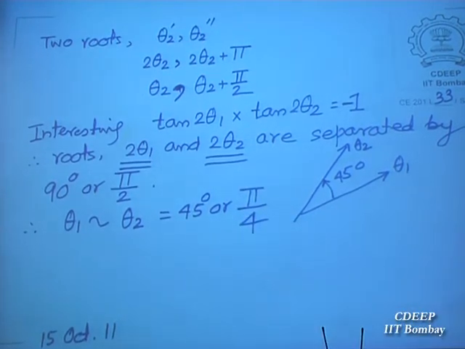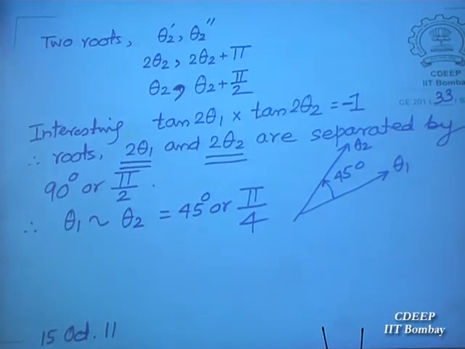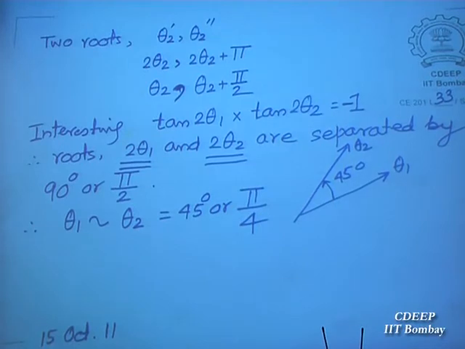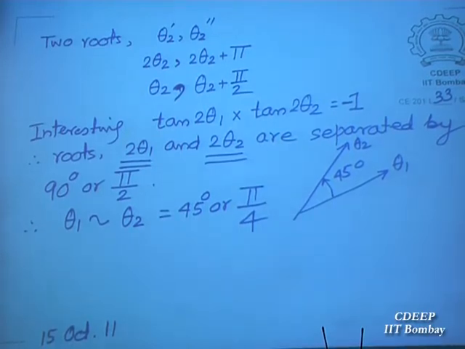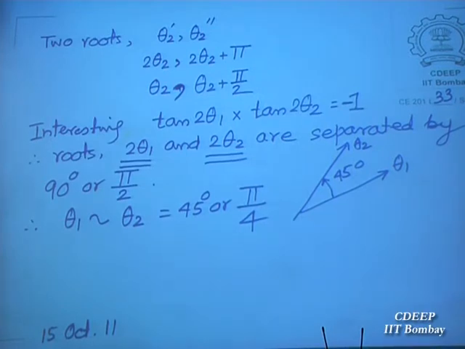So this is maximum shear stress and maximum normal stress. The planes, if you draw the normal to the planes, they will be separated by 45 degrees. Now whether positive 45 degrees or negative 45 degrees, that has to be found out. Whether if this is theta 1, theta 2 will be further this side or on this side, that has to be found out.